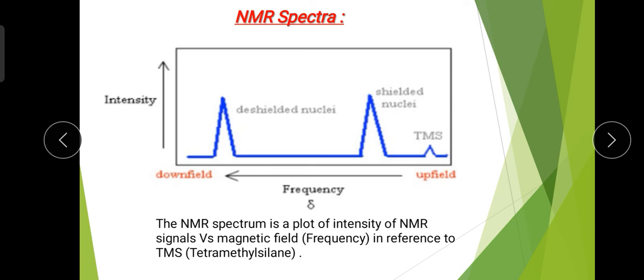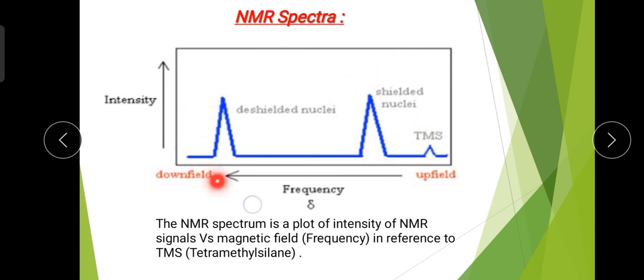So here is the upfield in the NMR spectrum. For higher field we get the peak for the shielded nuclei, and here for downfield we get this peak for de-shielded nuclei. Here the electron density is higher around the nucleus, and here the electron density is lower as compared to this.